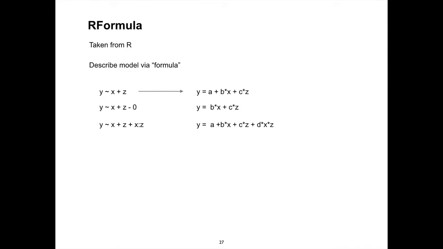So then what we do is we figure out how we want the model to look like. We can describe it using this, and then we can use the RFormula object to transform and create the features column for us.